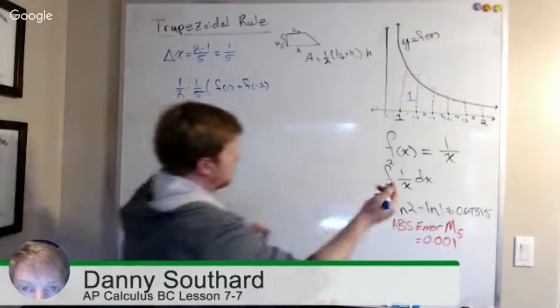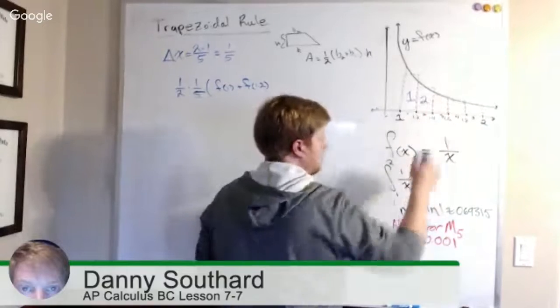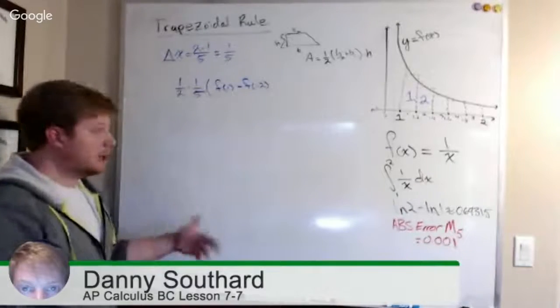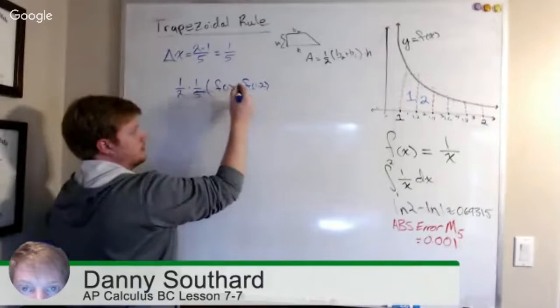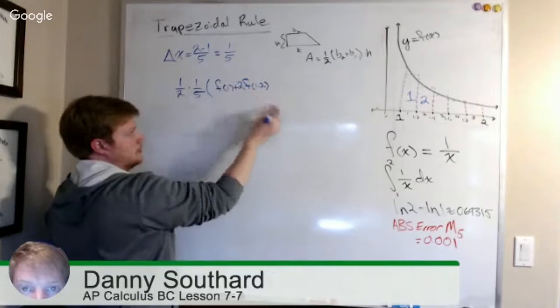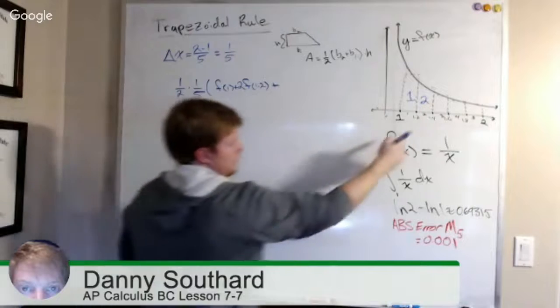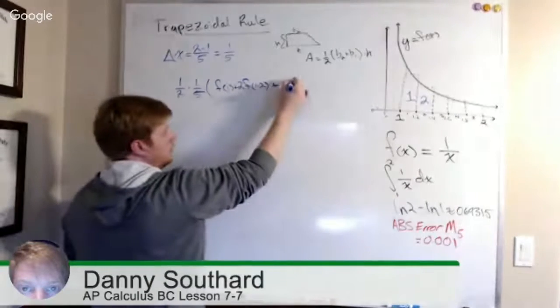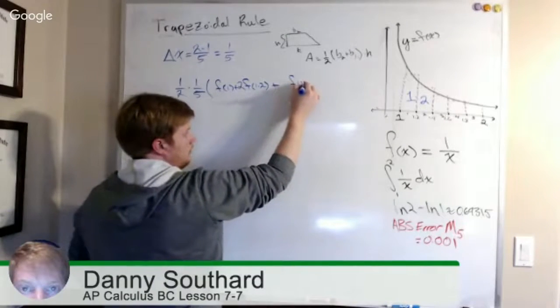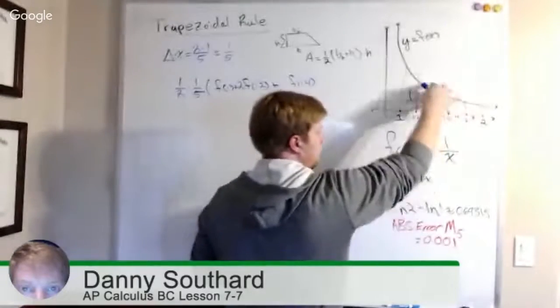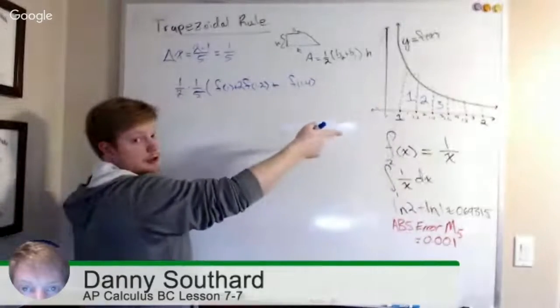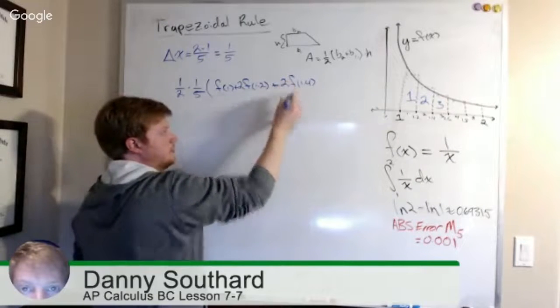Now, moving over to the next trapezoid, the larger base is f of 1.2. So we really have two of these, and then f of 1.4. Moving over to the third trapezoid, f of 1.4 is now the bigger base. So we have two of those.